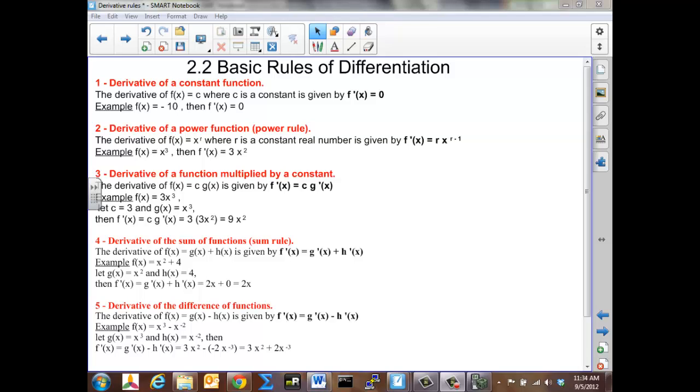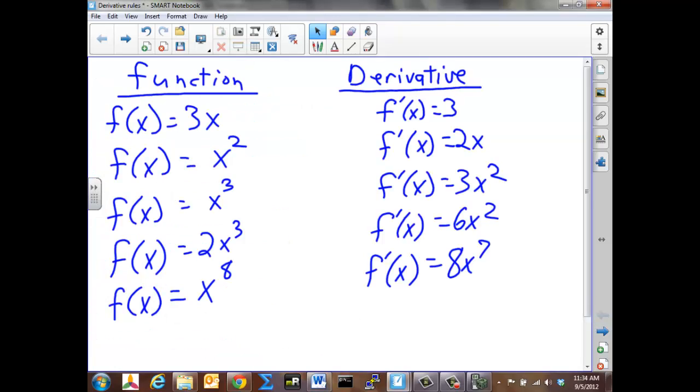Well, I've written up here for you some functions, and these are the derivatives of those functions. And what I want you to do is look at that and make an observation. Tell me how you can look at that now. In fact, I'm going to write one up here.